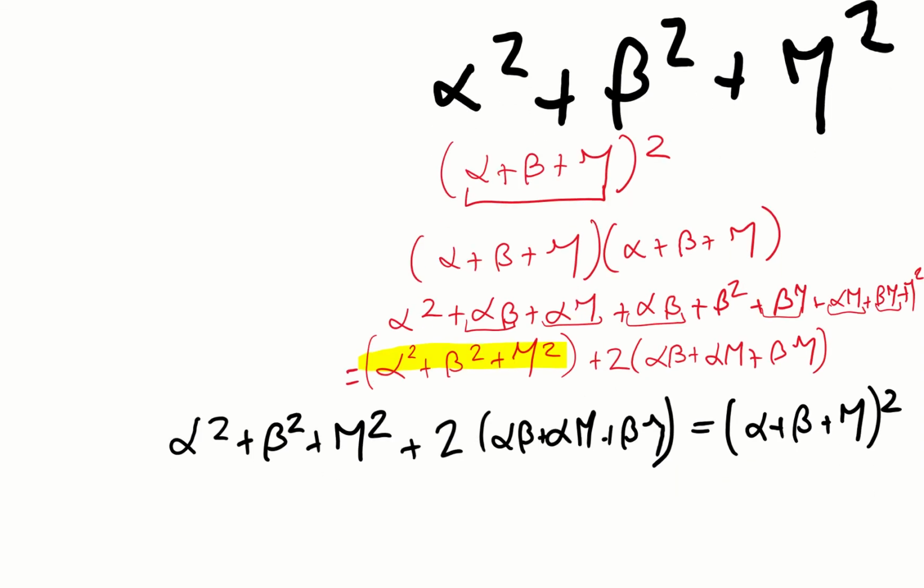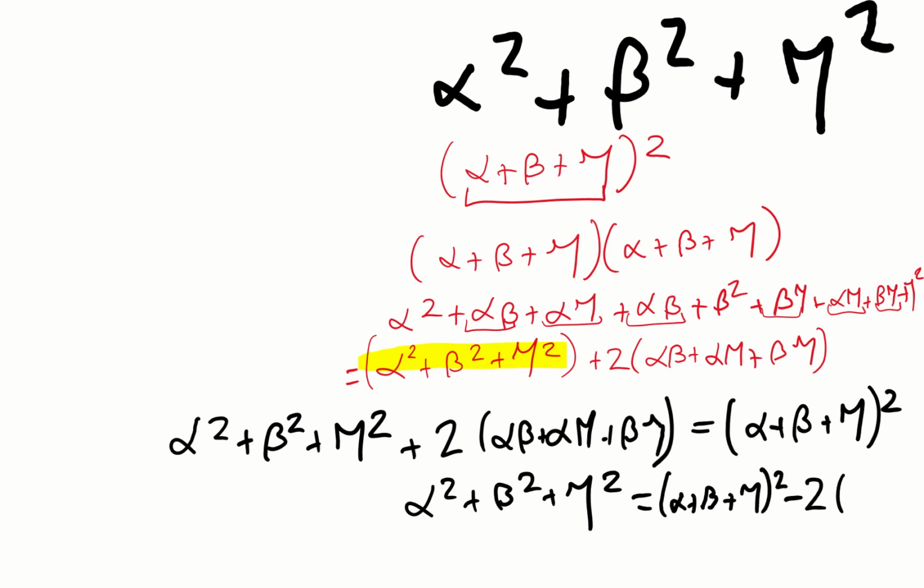So then I can say, therefore alpha squared plus beta squared plus gamma squared is equal to alpha plus beta plus gamma all squared, minus 2 times alpha beta plus alpha gamma plus beta gamma. And there we have it.